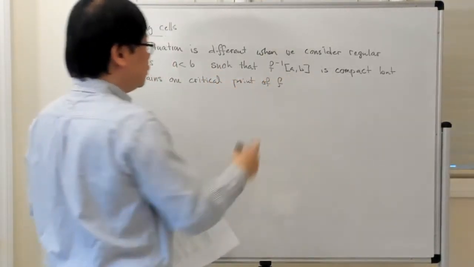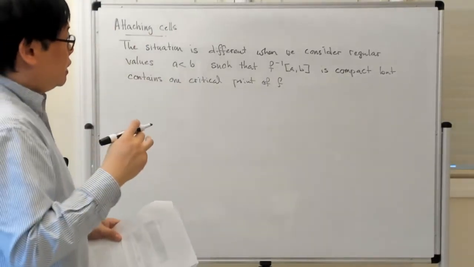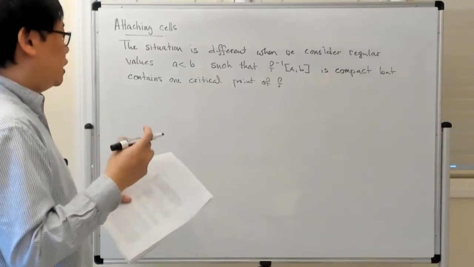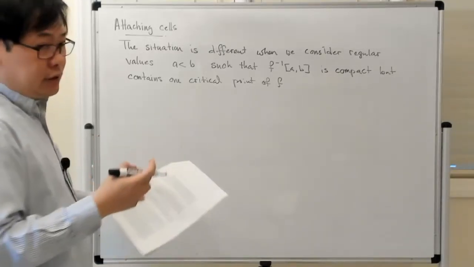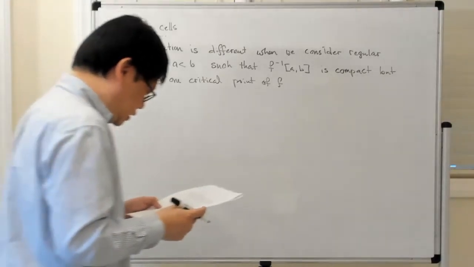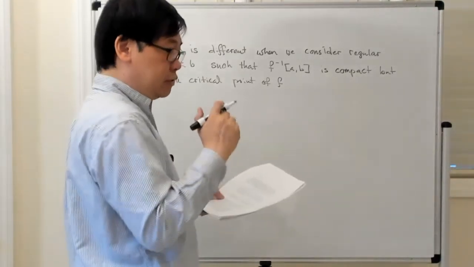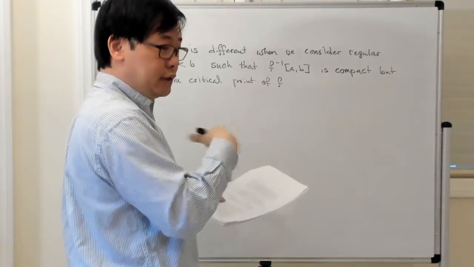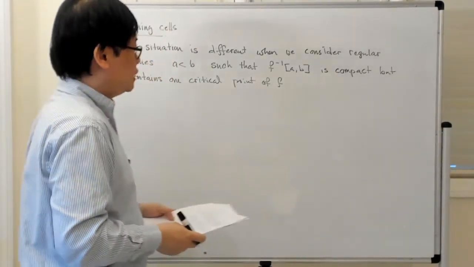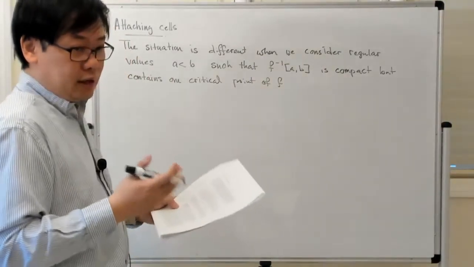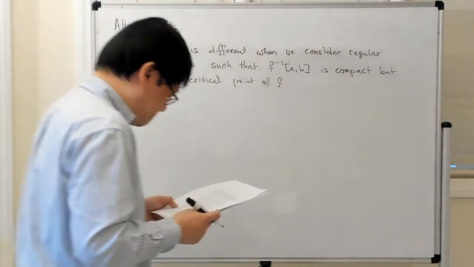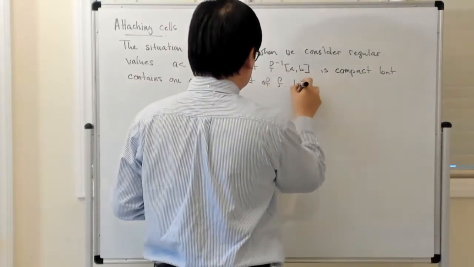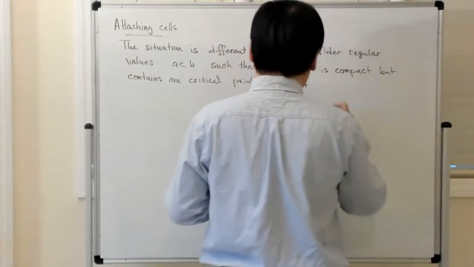And in general, when that happens, the topological properties of the sublevel set at A are different from those of the sublevel set at B. Okay, and in particular, we'll see how you take the sublevel set at A and glue something to it to give you something with the same homotopy type as the sublevel set at B.